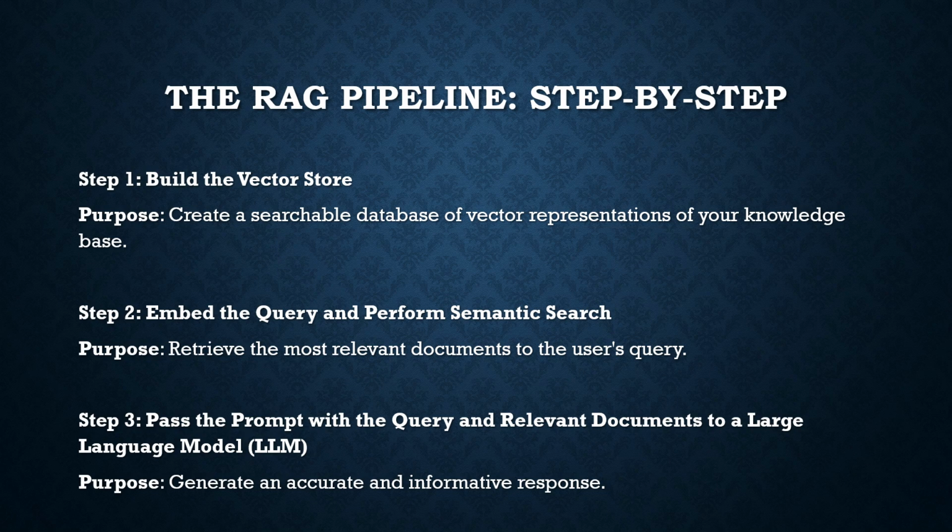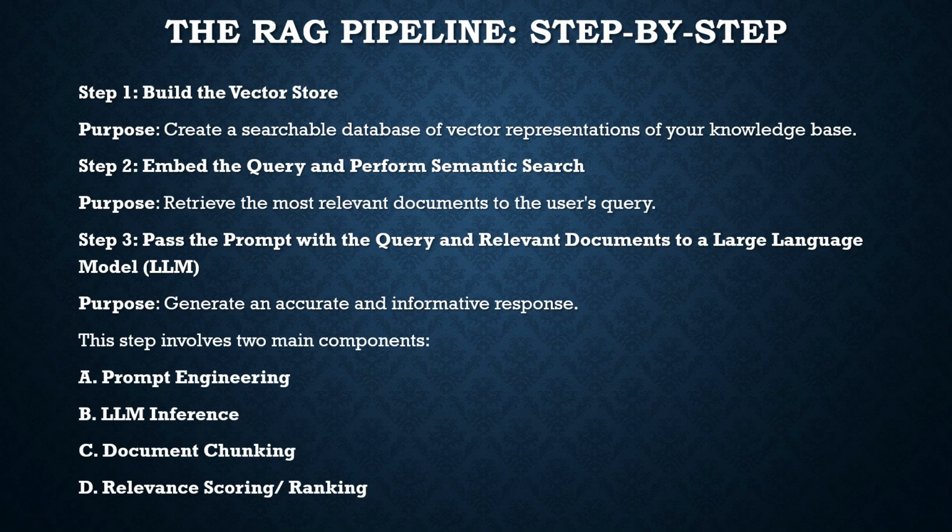We can say it ranks documents or text chunks based on factors beyond semantic similarity, which are document recency and metadata, which is filtering or source reliability. So these are the main things you have to consider at the time of building a RAG pipeline.